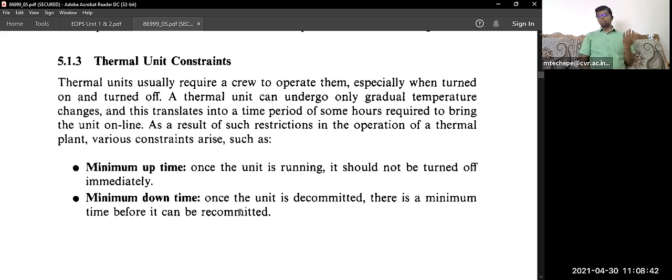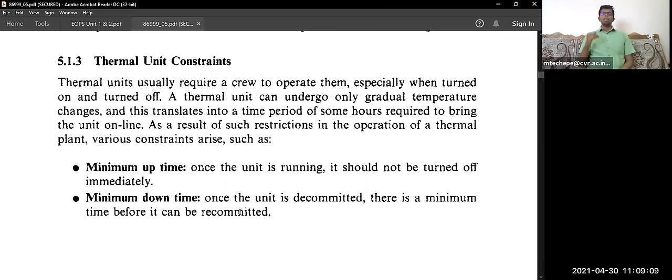So what they will do is start the first generating unit. After some time, when it is in operation, a few employees will monitor all the pressure, temperature, like that. And some other workers may shift to the second unit and operate the second generating unit.